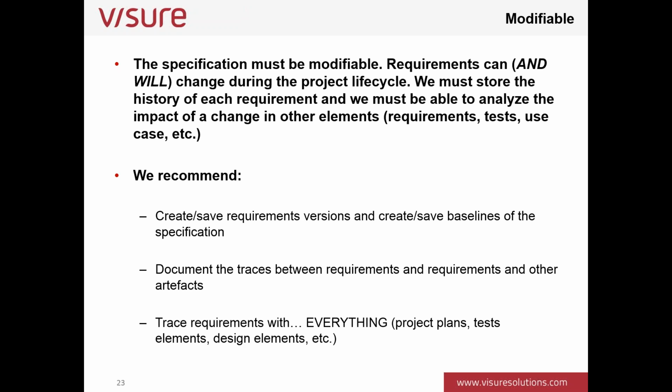For that, we recommend creating and saving requirement versions and creating and saving baselines of the whole specification. By means of those versions and that history, we can check what was changed, when it was changed, and why the change was produced. So we can keep records of everything.